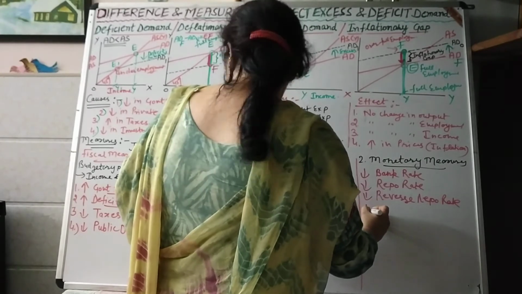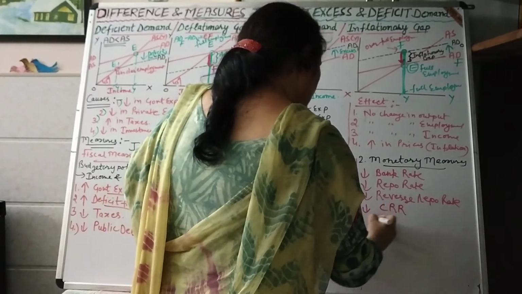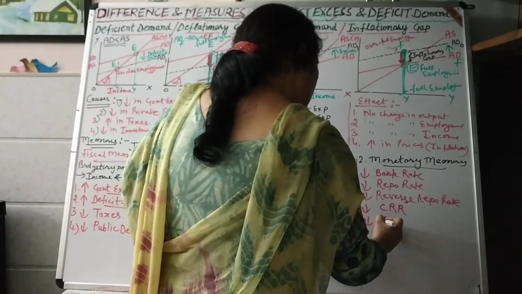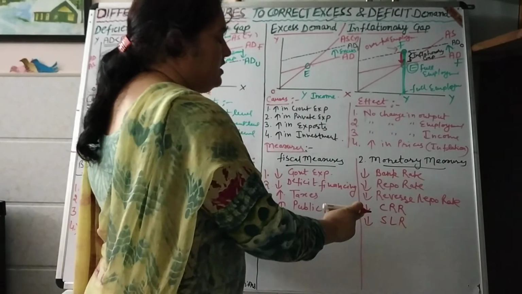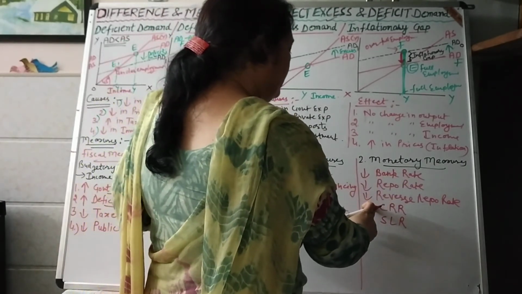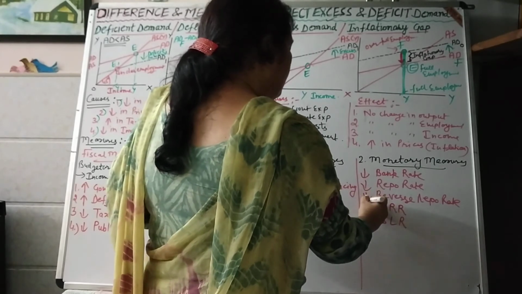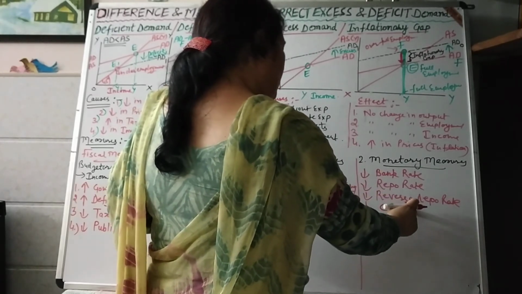And then government should also reduce cash reserve ratio. Then government should reduce statutory liquidity ratio. Cash reserve ratio is the ratio which the commercial bank kept a small percentage of their total deposits with RBI.